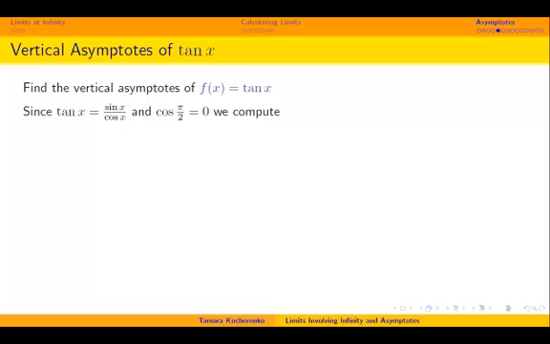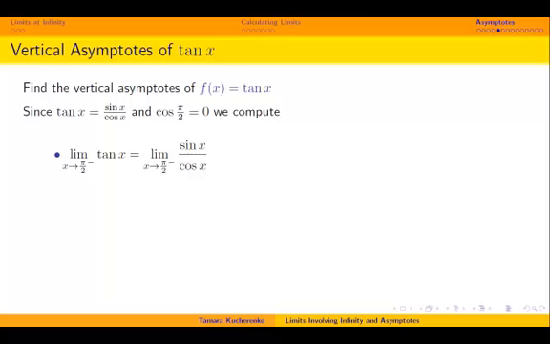Let's compute one-sided limits at pi over 2. The left-hand limit of tangent x at pi over 2 is the left-hand limit of sine x over cosine x at pi over 2.